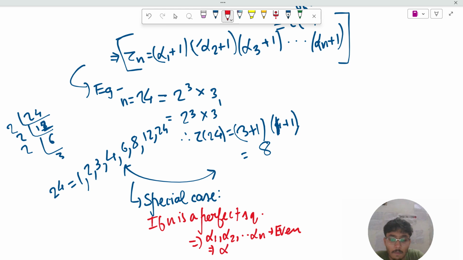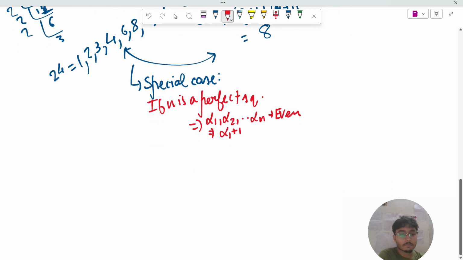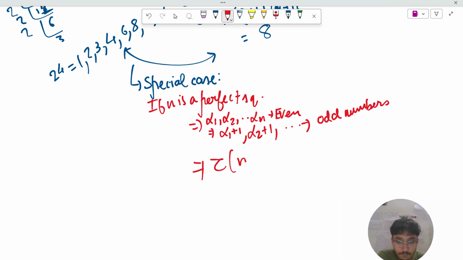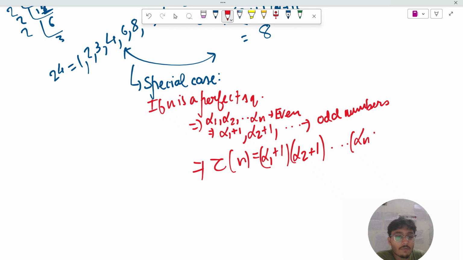That means my alpha 1 plus 1, sorry, alpha 2 plus 1, all of them would be odd numbers, which ultimately suggests that my tau of n, which is basically my product of alpha 1 plus 1 into alpha 2 plus 1 all the way till alpha n plus 1, is basically a product of odd numbers.